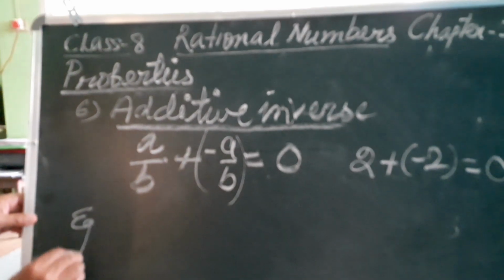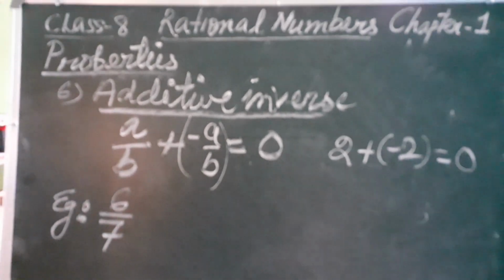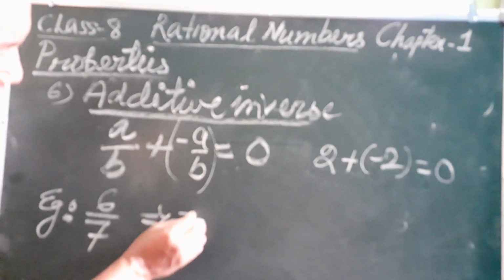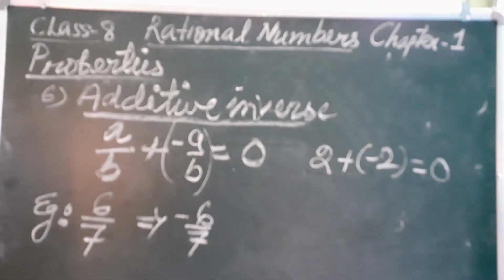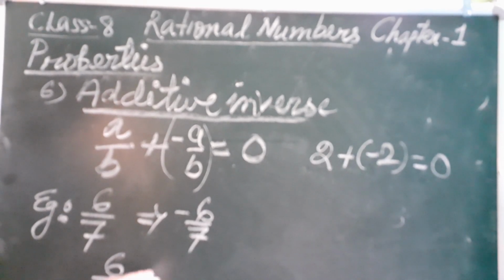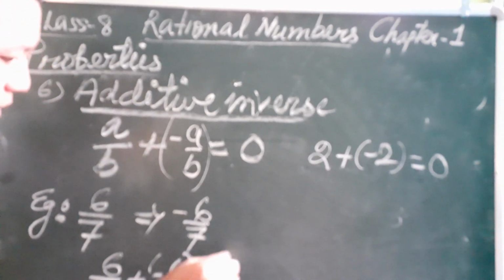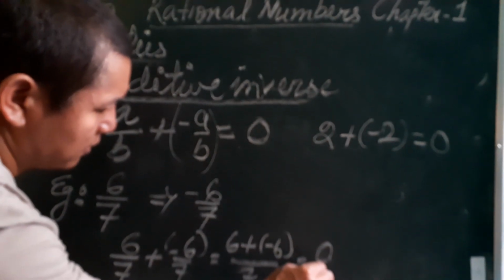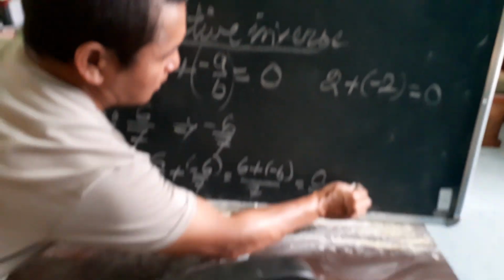For example, the additive inverse of 6 by 7 will be minus 6 by 7. This means that if you add 6 by 7 and minus 6 by 7, the answer will be 6 plus minus 6 is 0 by 7. 0 divided by 7 is 0.